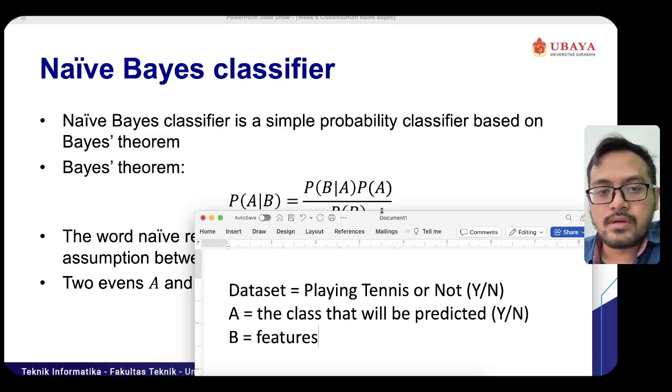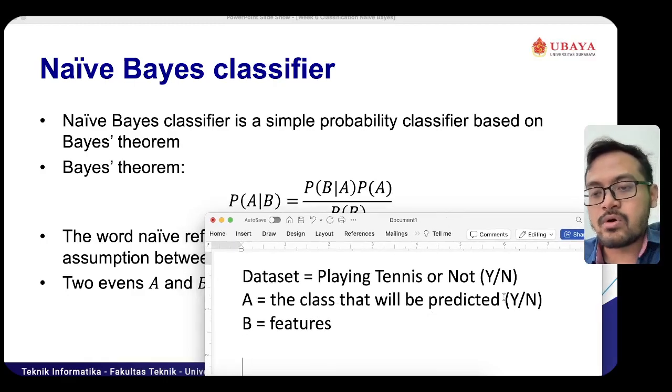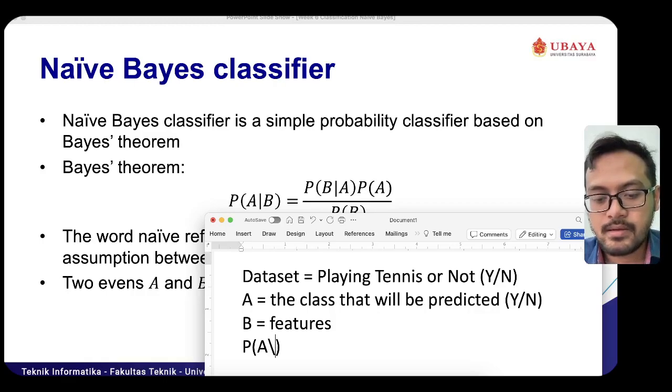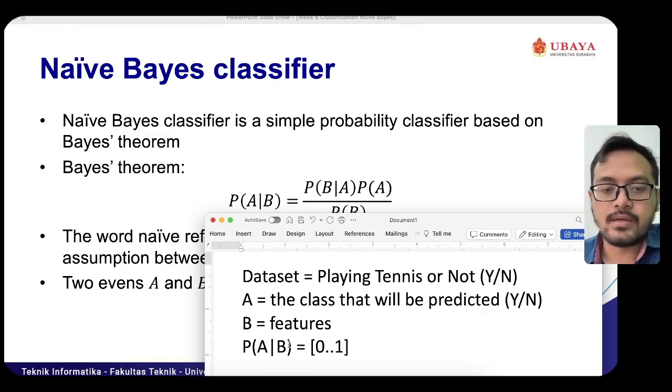So P(A given B) means we will see the probability that the output will be yes or no, right? The probability is a number in the range of 0 to 1.